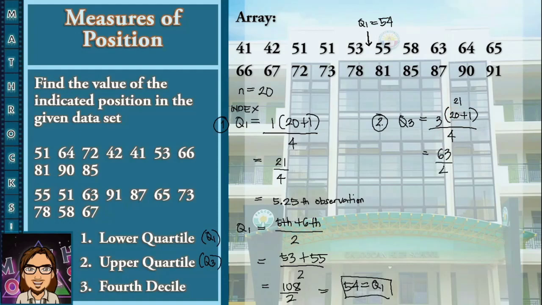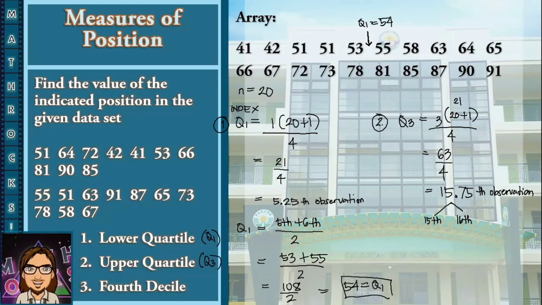And 63 divided by 4 actually gives us 15.75. Anyway, you may use a calculator for this. So that means it is somewhere between the 15th number and the 16th number.